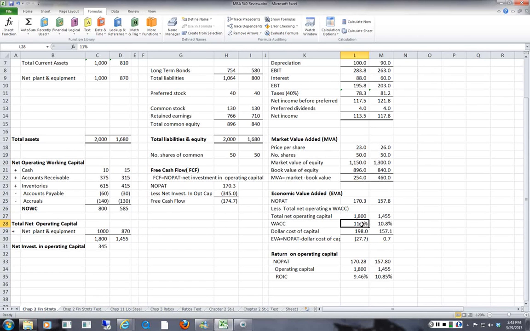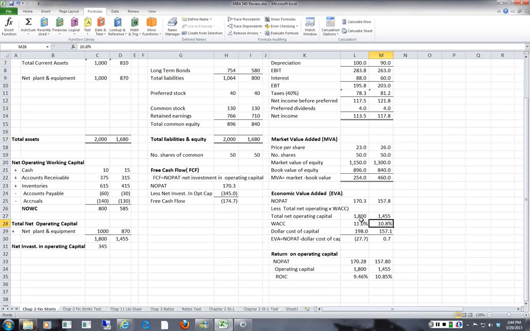So 11% times that $1,800,000 is $198,000, and that's the dollar cost of capital, and that's what the NOPAT needs to be. So the return on operating capital is 9.46. It needs to be what? It needs to be 11%. And down here in the preceding year it is 10.85%. And what does it need to be? 10.8%, so it beat that situation.